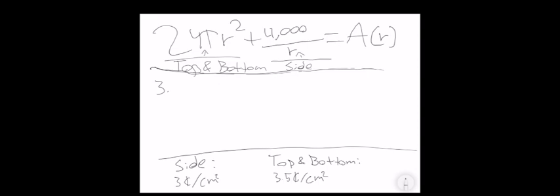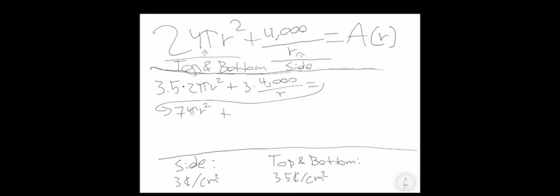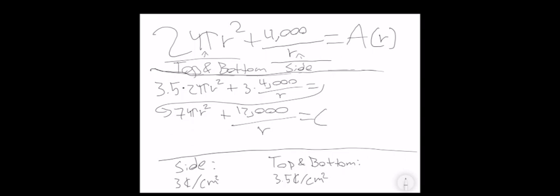If we do so, we get 3.5 times 2 pi r to the second plus 3 times 4,000 over r, which equals 7 pi r to the second plus 12,000 over r, which equals this cost function of r.